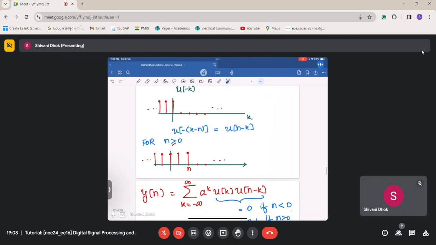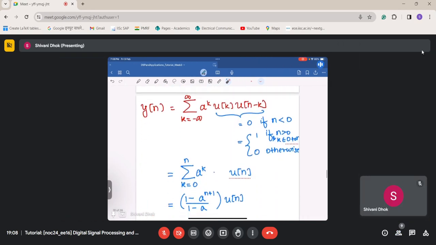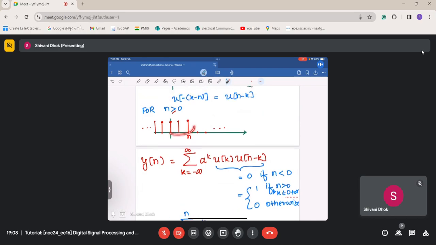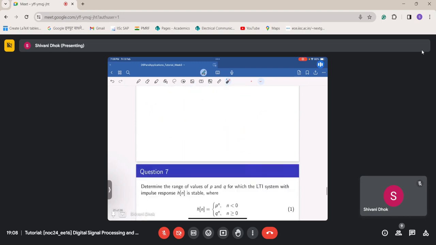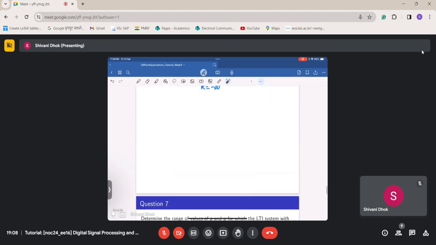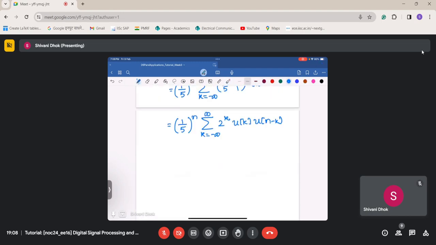So this is the same as what we had discussed. Again the limits of the summation can be changed from 0 to n.